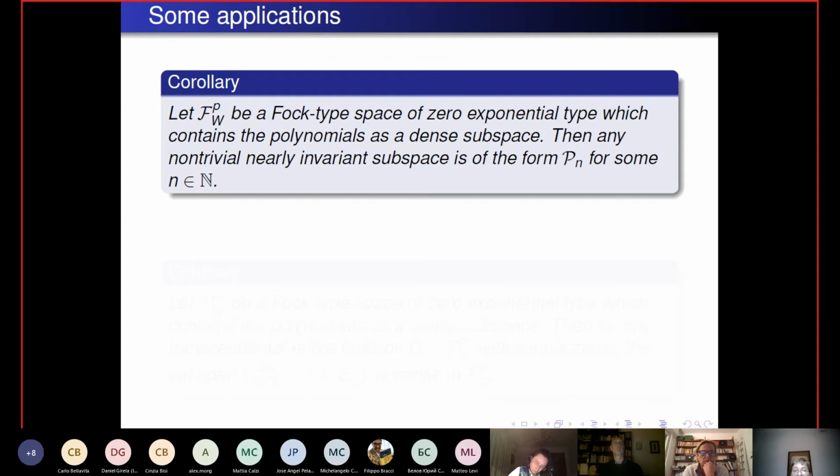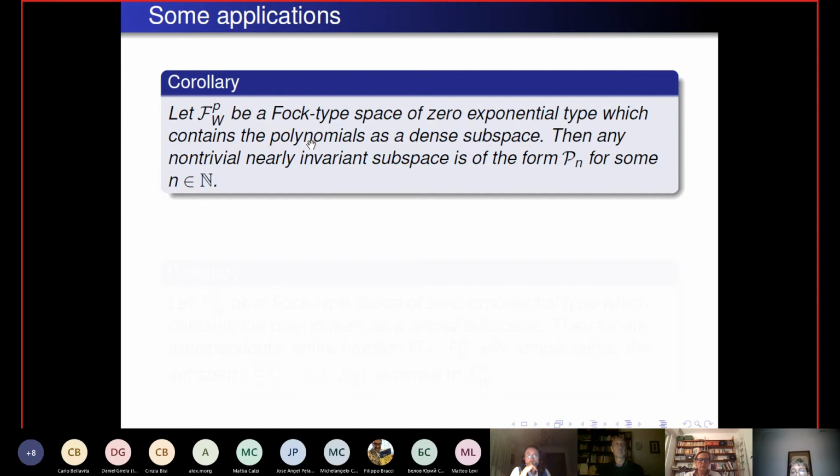So first, if you start with the Fock-type space of zero exponential type, so all the functions are of zero exponential type, and suppose the polynomials are dense, for example, if the weight is real, then you cannot have any other nearly invariant subspace than the polynomials of degree less or equal to n, because if you have the polynomials, then the Pn's are certainly nearly invariant.